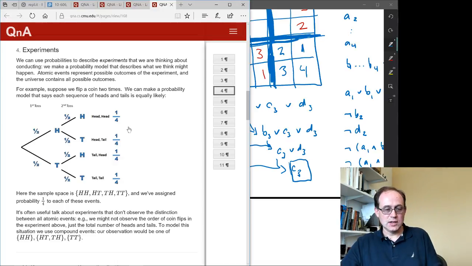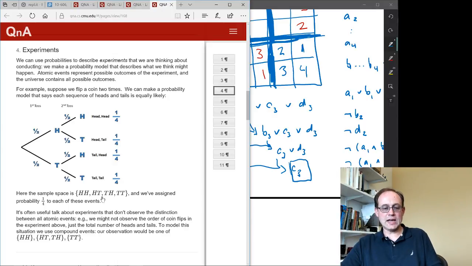And so when we conduct an experiment, we might measure exactly the atomic event that we reach. So we might know that we got a heads and then a tails. Or it might make sense to talk about an experiment where we don't observe the difference between some subsets of our sample space. So we might have the experiment of counting the total number of heads instead of observing, was the first coin heads, was the second coin heads?